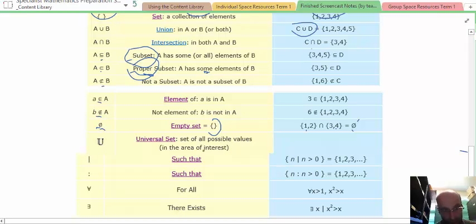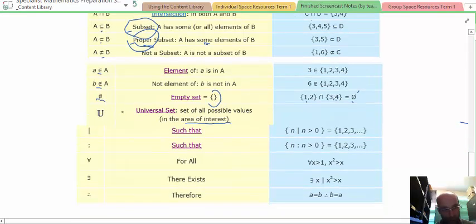U is the universal set, the set of all possible values, but of course there is a parameter in the area of interest. Irrelevant things aren't included in that. We've seen such that, the stroke or the colon. This is an important one. Upside down capital A means for all. For all values of x greater than 1, x squared is greater than x.